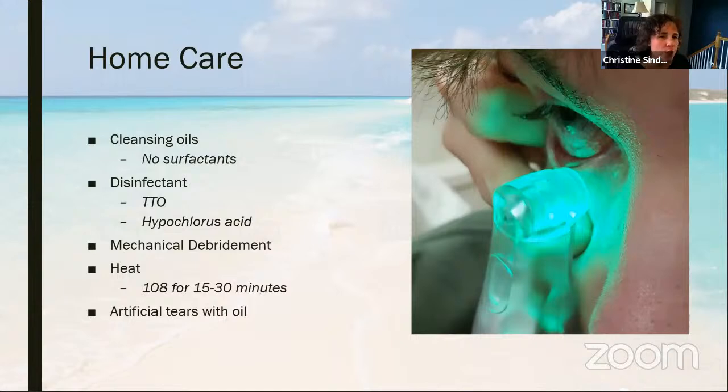As far as Stevens-Johnson and graft versus host and conditions like that, I probably find it less effective for those conditions. The reason is that the natural course of those diseases is going to lead to fibrotic changes of the lids, right? No matter what we do, I cannot change the course of that disease.